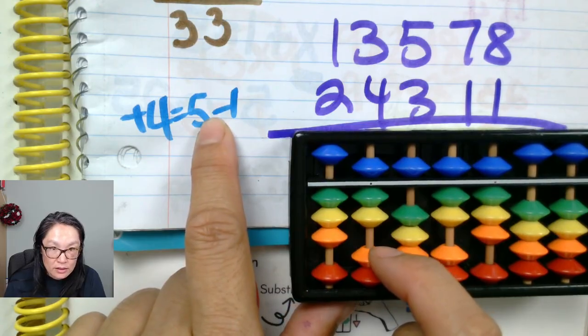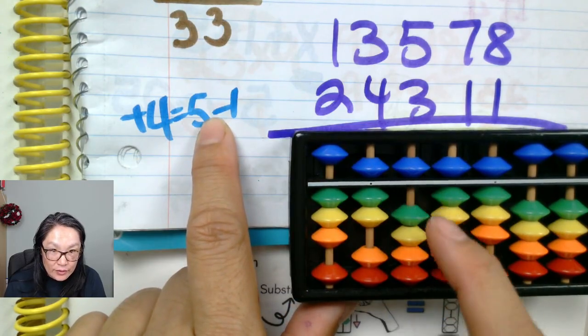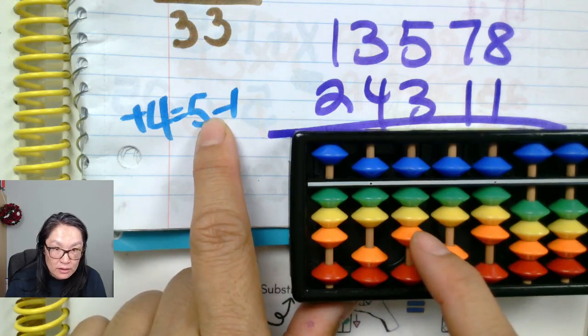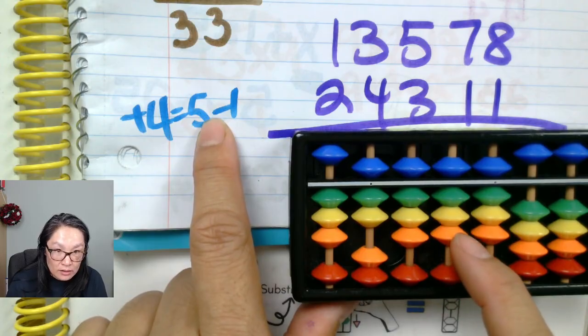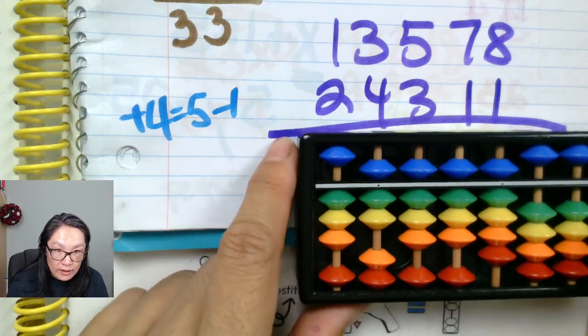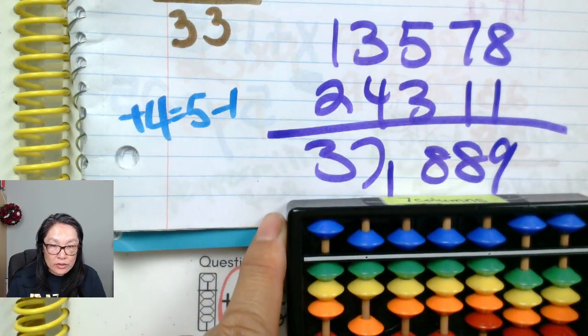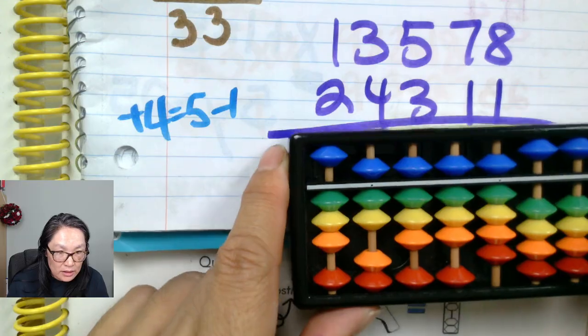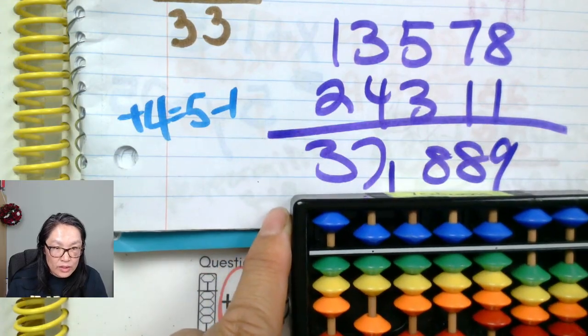And then we can add the 3. We add the 3. 1, 2, 3. And then we add the 1, and we add another 1. So then our final answer is 37,889. So what did we just do?